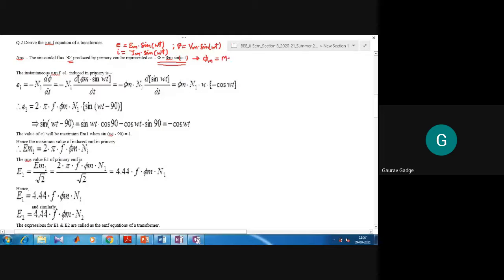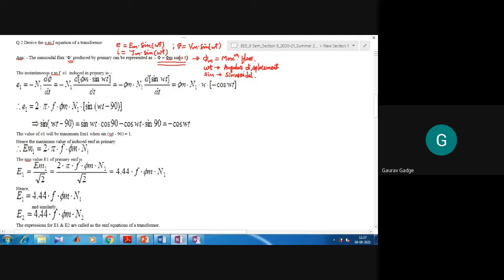Now phi m stands for maximum flux. Omega t stands for angular displacement. And sine indicates that it is sinusoidal.